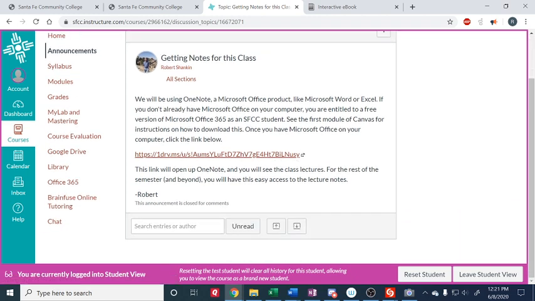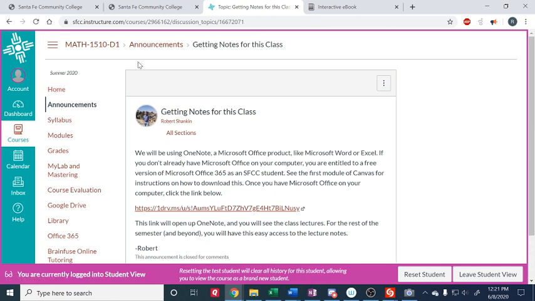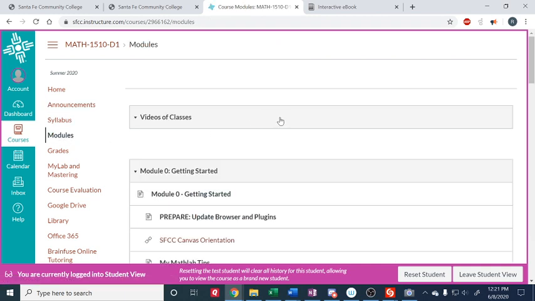We'll be trying this with OneNote. So read this carefully. If you don't have Microsoft Office, you can get it free as an SFCC student, and then you can have access to the notes from this. And let's go into the modules. You'll see in the modules, the very first one is going to be videos of classes.